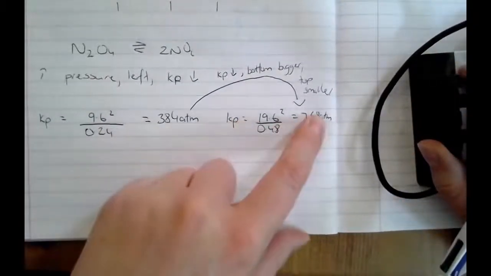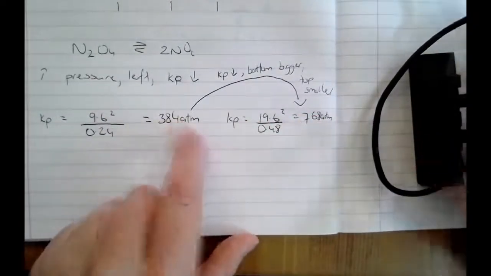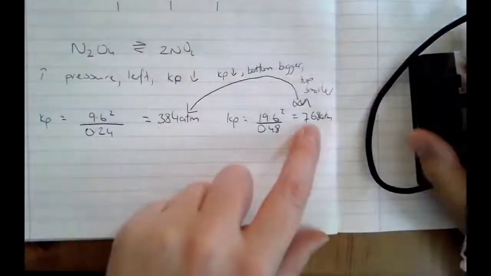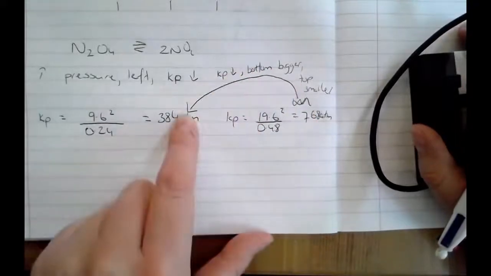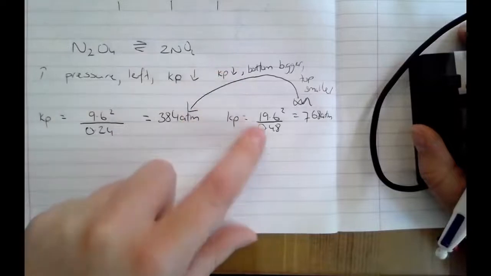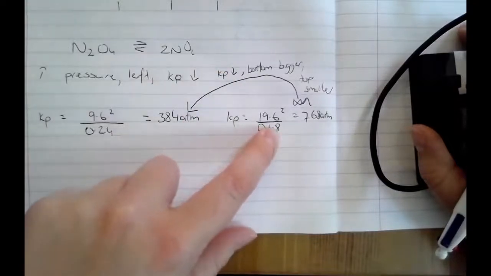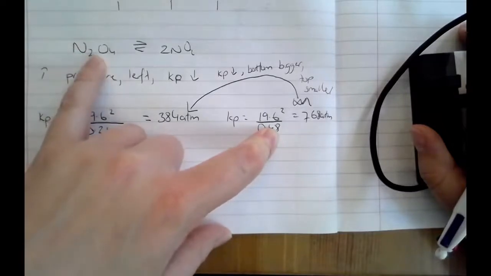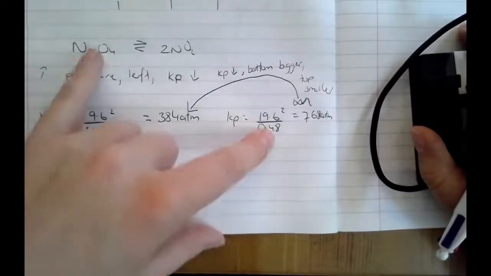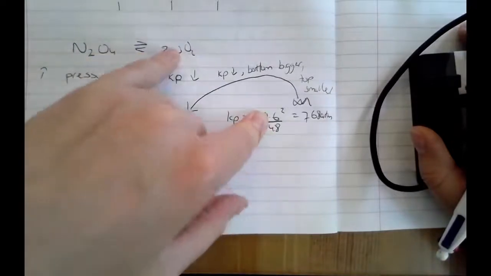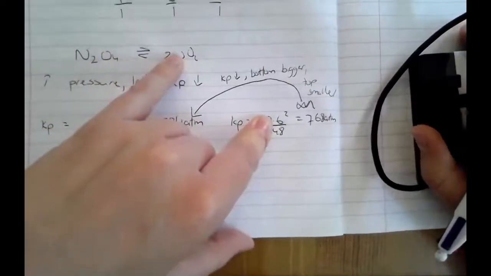Sorry, I drew this arrow going the wrong way. I need to get from 768 back to 384. I need that value to decrease. So I need the bottom of my expression, which represents the N2O4 partial pressure, to get bigger, but I need the top of my expression, which is my products, to get smaller.